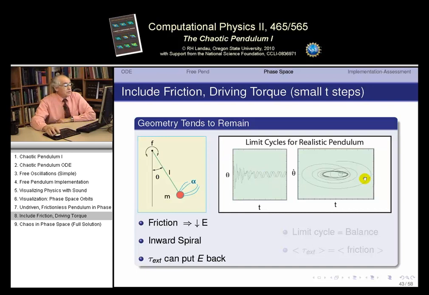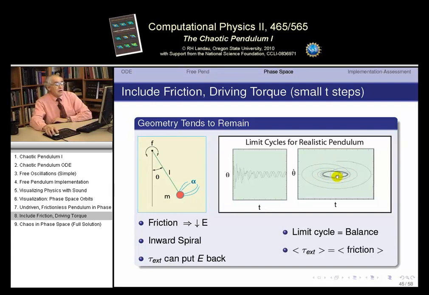In phase space, what you see is you're starting off here with some orbits, and they're spiraling in because they're losing energy. But then as they lose energy, they begin to get a balance, and you begin to get what's called a limit cycle, when the average in one cycle, the energy lost to friction is equal to the average energy gained by the external torque being put in.